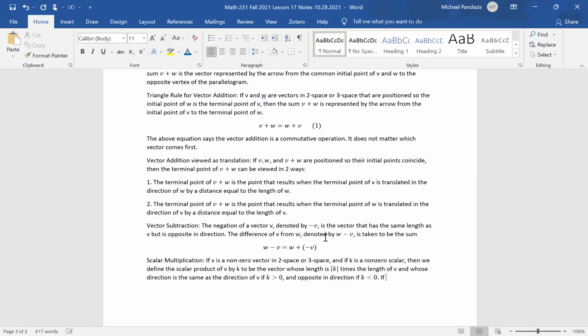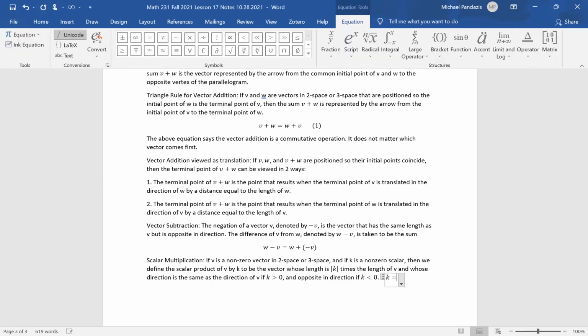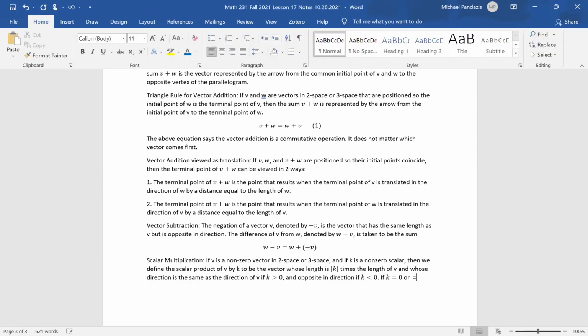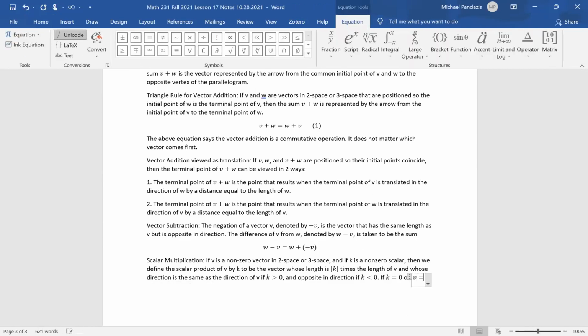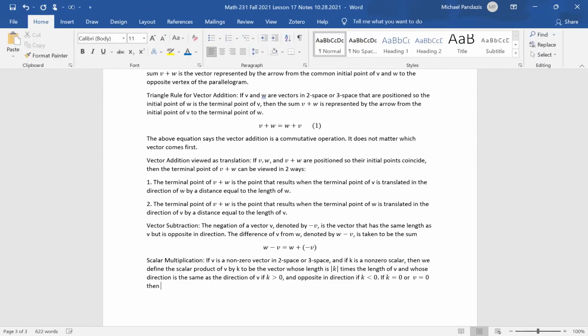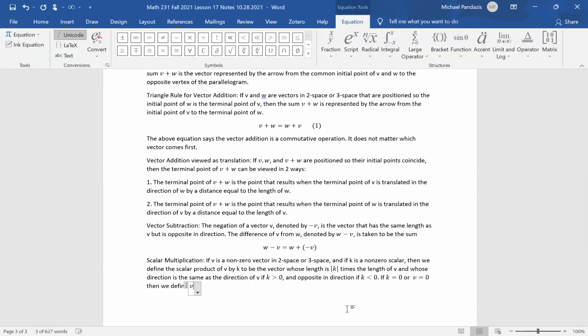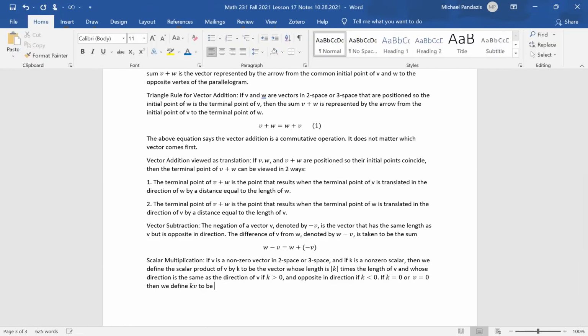Okay, if k equals 0 or the vector v that you're multiplying by the constant is already 0, then we define kv to be the 0 vector.